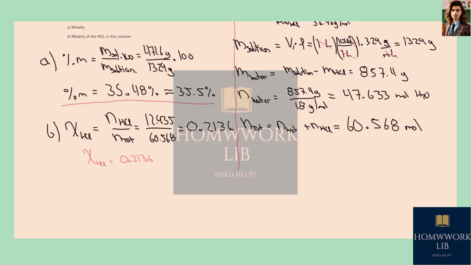Next up, we're going to have the molality of the solution. This is going to be equal to mole of HCl divided by kilograms of the solvent. In this case, it would be kilograms of water.